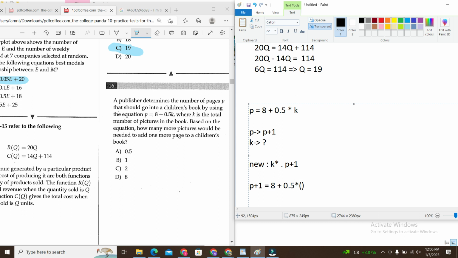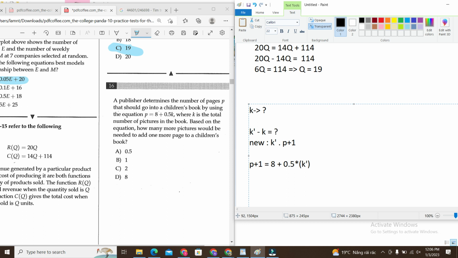How many more pictures would be needed? That means we need K star minus K. That's what we need to find. In this case, I'm going to say K prime for simplicity. So we need to find K prime minus K.